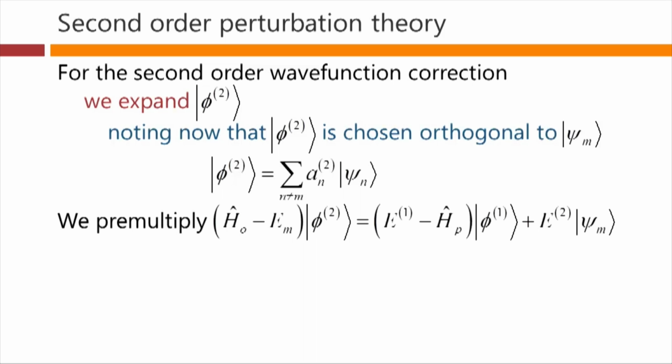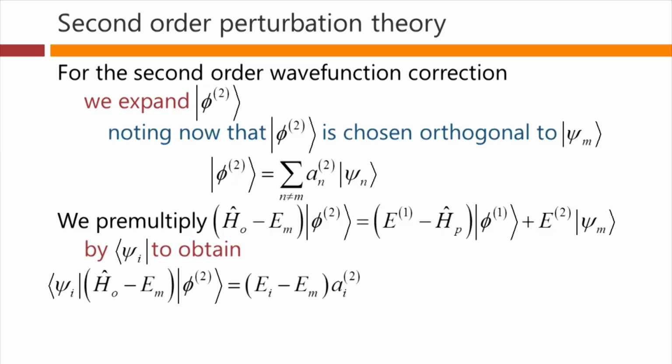Now we're going to pre-multiply our second order equation on both sides by psi i to obtain on the left <psi i|(H0 minus Em)|phi 2>. Well, of course, H0 operating on psi i here just gives us Ei. So again, this turns into Ei minus Em, and <psi i|phi 2> by definition is ai2.